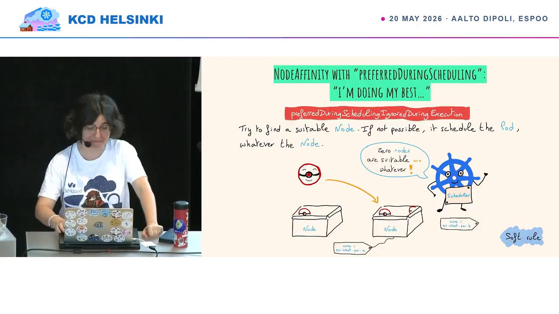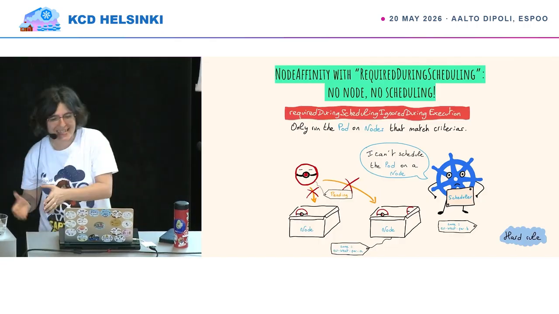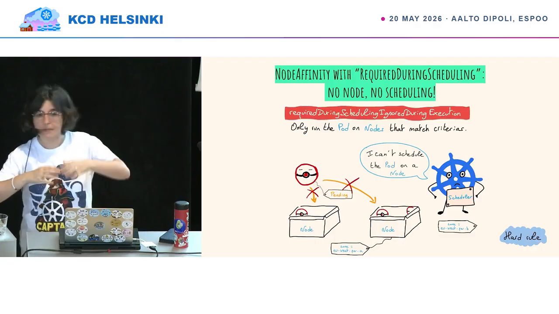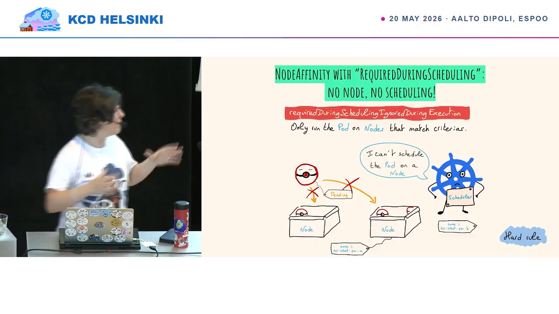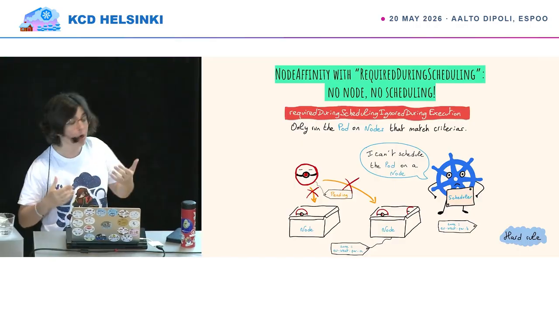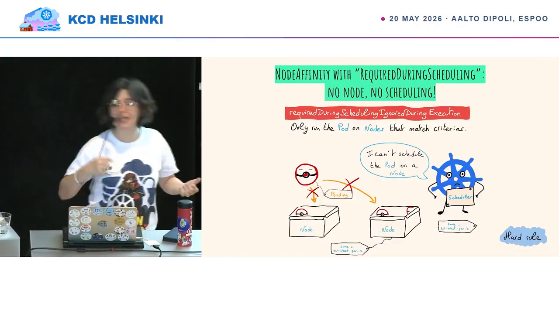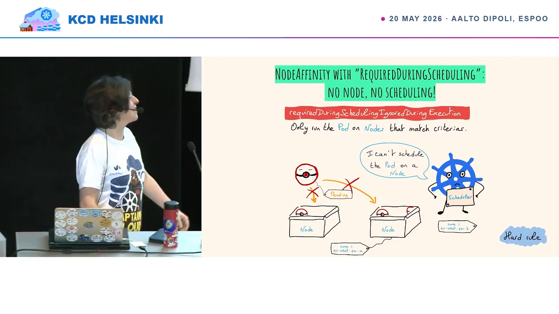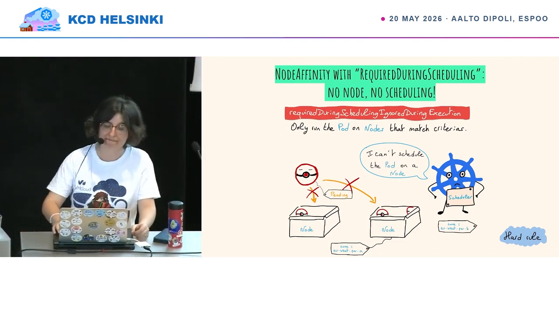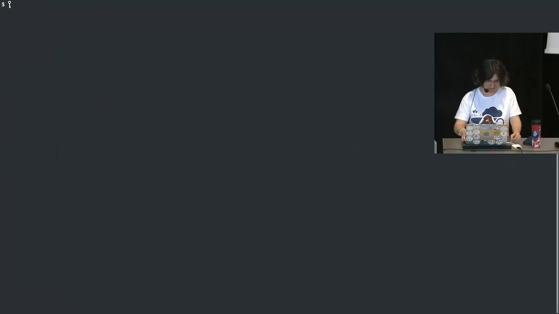I don't care. But with the required during scheduling rule, there is no workaround. So if zero nodes satisfy the condition, the scheduler can't find a node. So it tries, it fails, it tries, it fails again and again, and the pod stays in pending state. Let's see it in the last live demo.